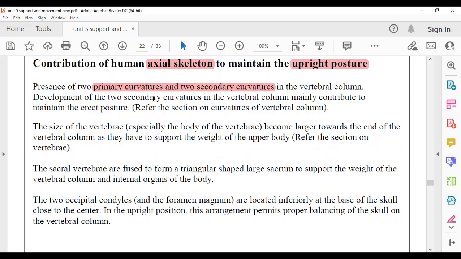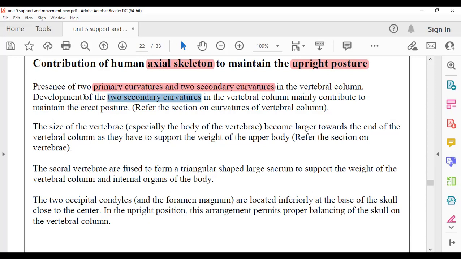Right. So secondary curvatures develop after birth. The first secondary curvature happens in the cervical region, correct? Helping us to raise our heads. The second secondary curvature develops in our lumbar region, helping us to stand upright.